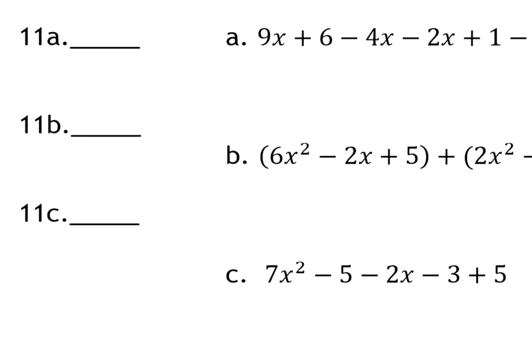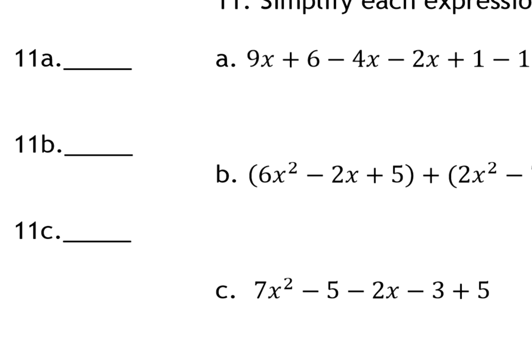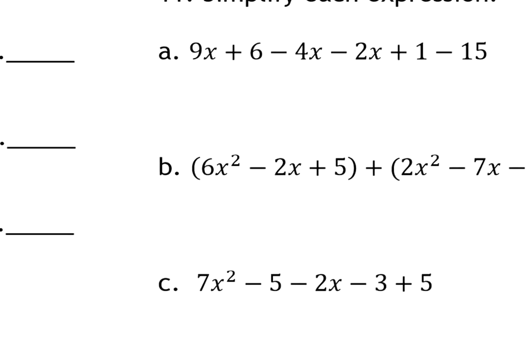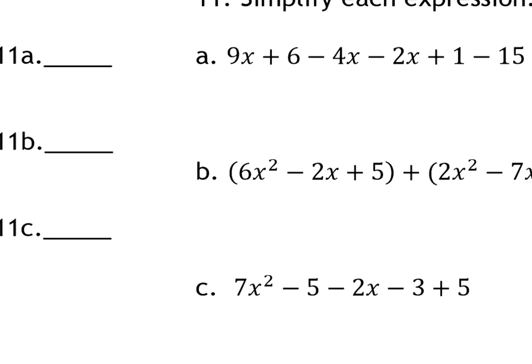On 11, there are 1, 2, 3 expressions that we need to simplify, and this is just going to be a matter of collecting like terms. So when I look at this first part, I've got some x's, and the other thing we have are some integers. So I've got a 6, a positive 1, and a negative 15.